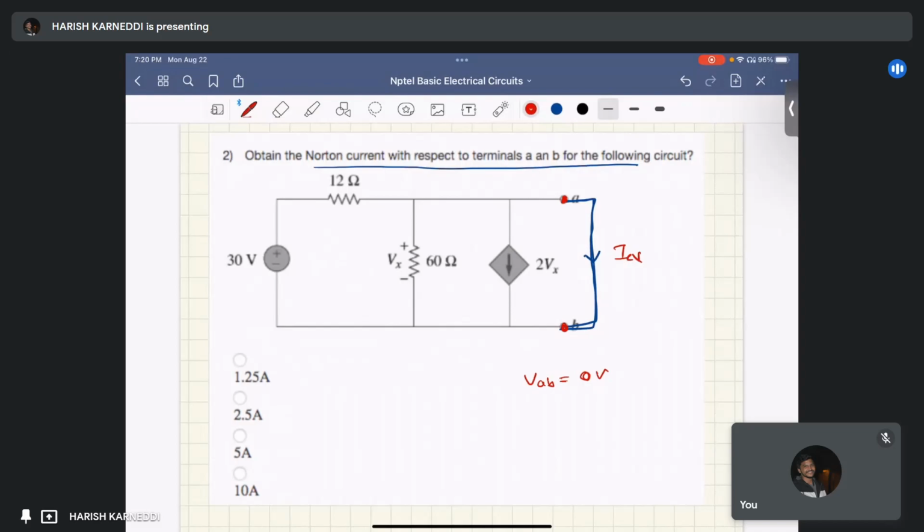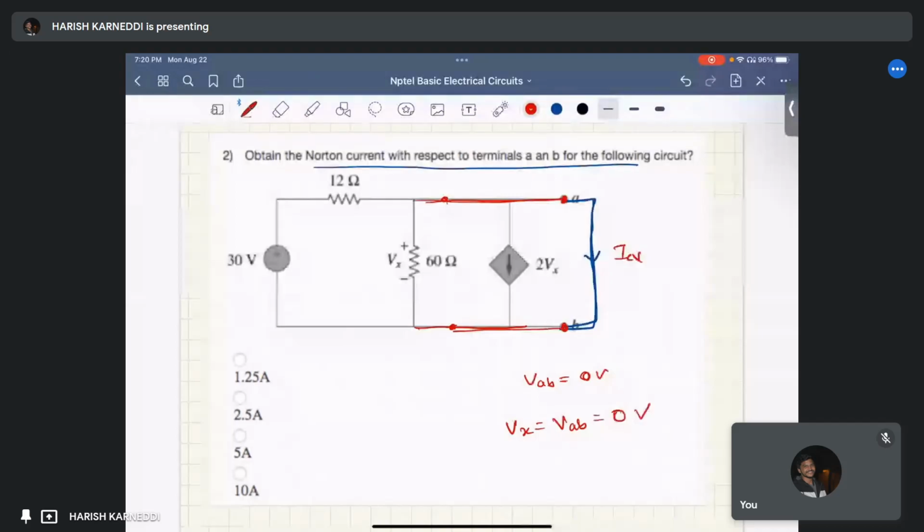So the voltage at this point and at this point is 0 volts, the potential difference across this point. Vx is same as VAB. That VAB equal to 0, so Vx is also 0. So Vx equal to VAB, that equal to 0.